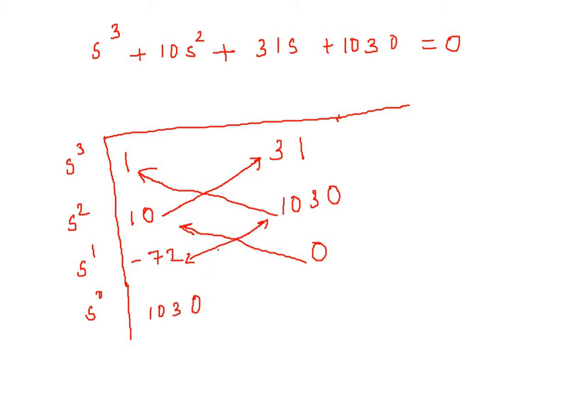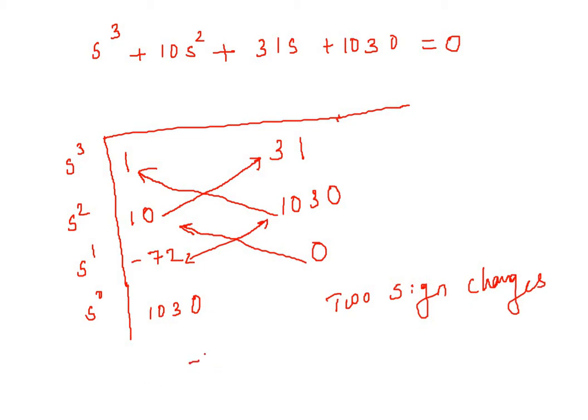Now consider the first column of the Routh array. When we consider the first column, we can see that there are 2 sign changes. What are they?